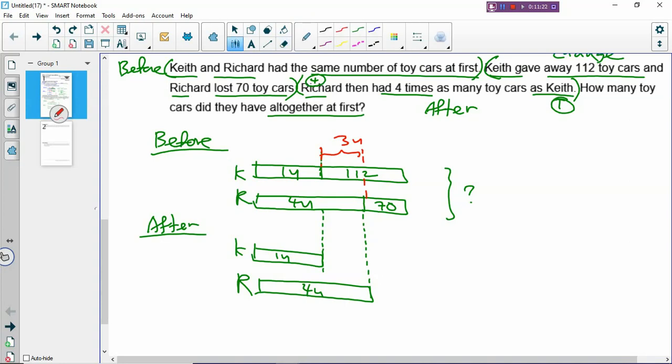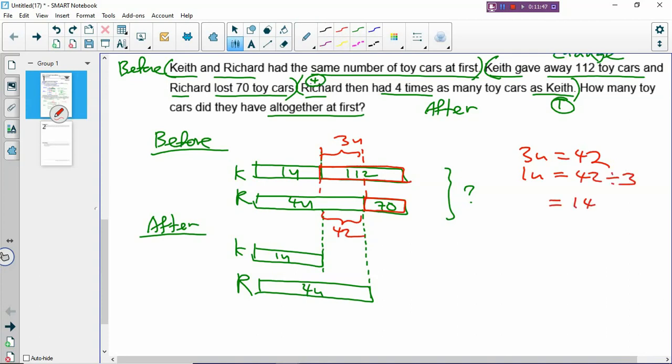This is your 112, and you minus 70. That will give you 42. So which means that 3 units is equal to 42. Then your 1 unit will be equal to 42 divided by 3, and you will get 14.